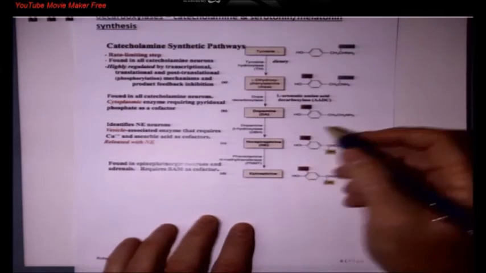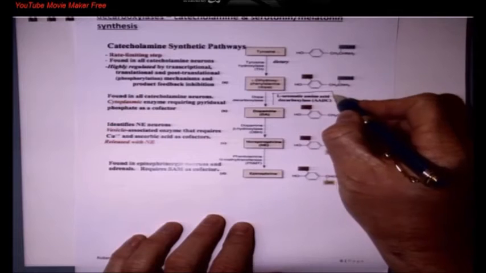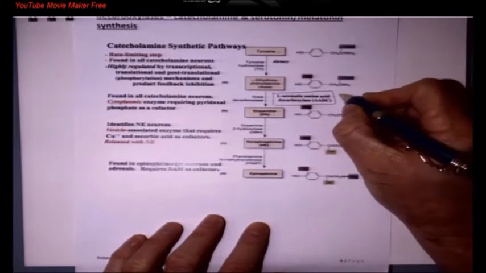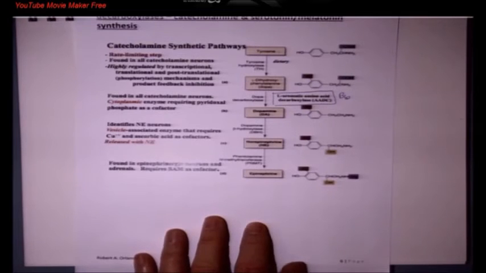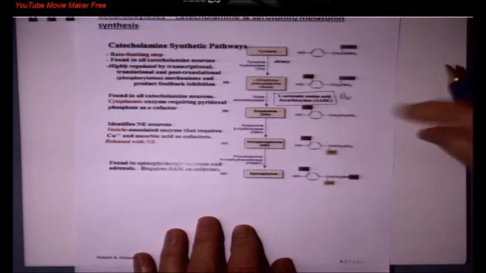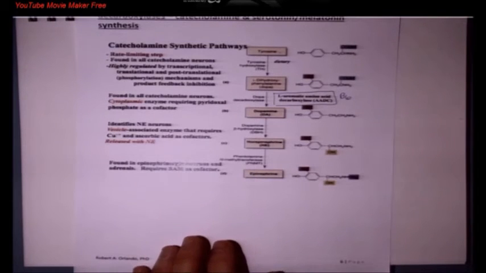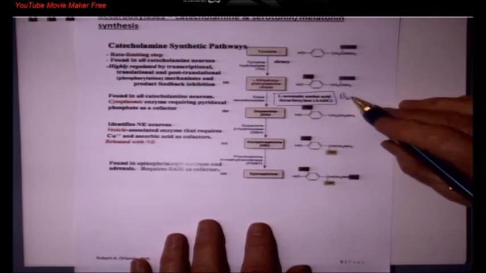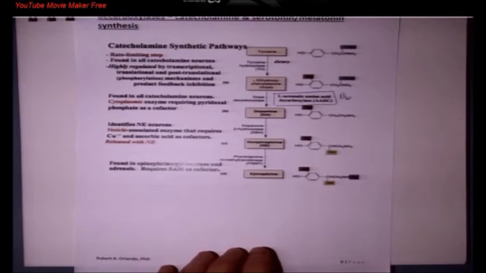And this particular enzyme right here is B6 dependent. So this pathway, this enzyme, not important for me, but just to give you a heads up for Dr. Burge when he talks about catecholamines, that we're going to have another B6 dependent enzyme in here.